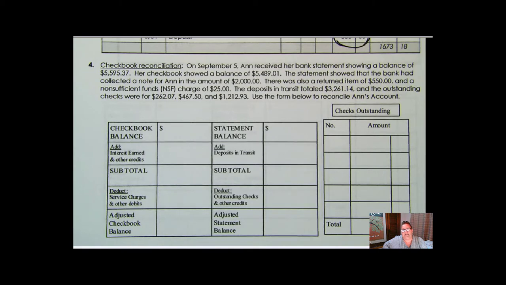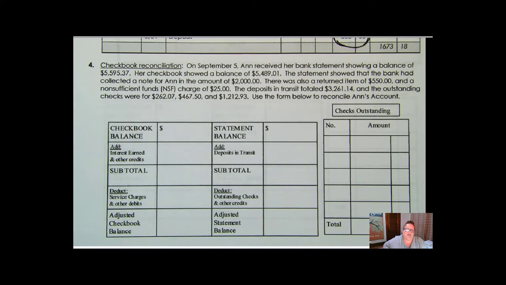The deposits in transit totaled $3,261.14, and the outstanding checks were for $262.07, $467.50, and $1,212.93. We're going to use the form below to reconcile Ann's account.